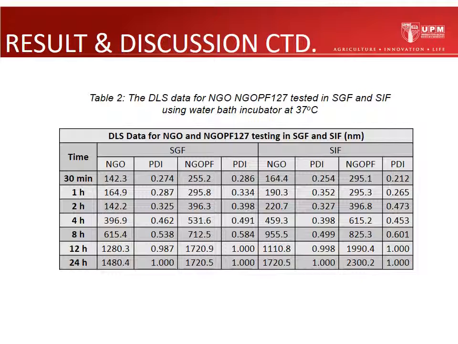As you can see, the nanoparticles in SGF and SIF start to become bigger, about 1 micrometer once it reaches 12 hours and above. And the result of the experiment is approximately the same as the journal.